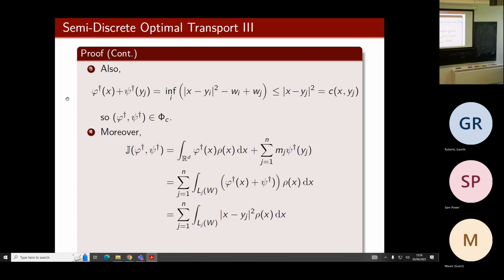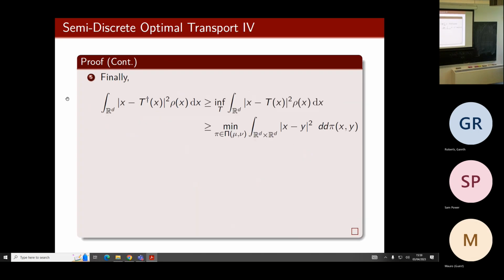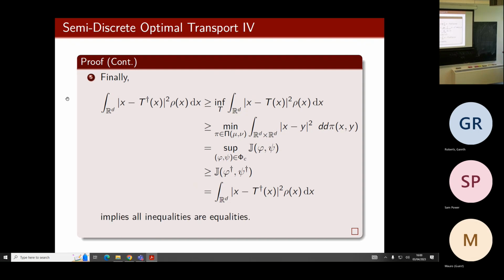This is an equality here, which means that I can write equality here, and then going from the left-hand side to the right-hand side, you have the same thing. So all these inequalities are in fact equalities. This then means that in particular this T dagger here has to be the optimal one.